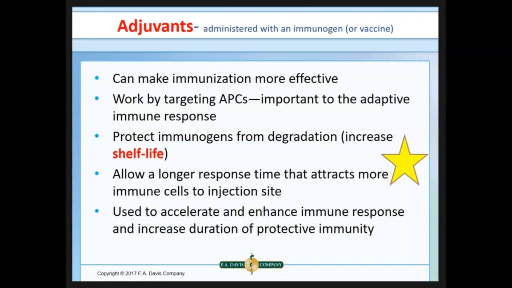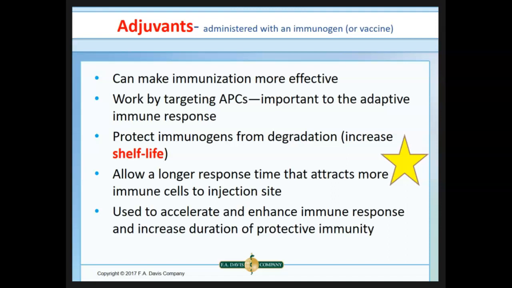It protects immunogens from degradation. It increases the shelf life, which comes in handy for vaccines. It allows for a longer response time and it attracts more immune cells to the injection site. It's used to accelerate and enhance the immune response and increase the duration of protective immunity. So adjuvants kind of boost the immunizations.